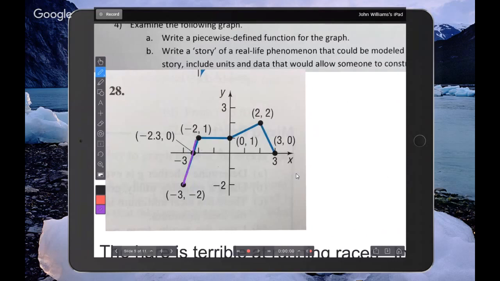So if I were to go over 1 again, it would go up another 3, and I would be up here at 4. And if I were to go over 1 again, I would go up to 7. Here would be the y-intercept, as Michelle said. That would be at 7. Is that okay, Owen?